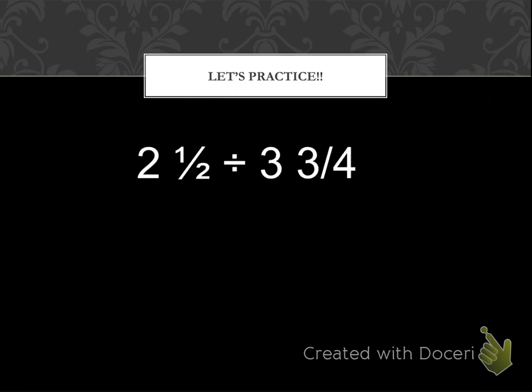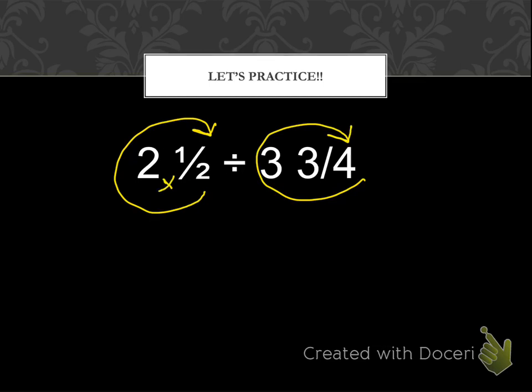Let's look at another one here. Again, around the world first, and rewrite it as division before you keep, change, flip. 2 times 2 is 4, plus 1 is 5. 4 times 3 is 12, plus 3 is 15.